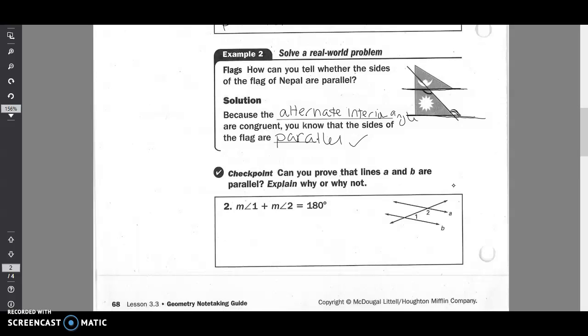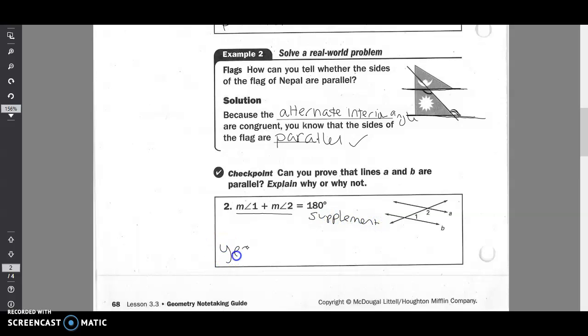Can you prove that lines A and B are parallel given the information the measure of angle 1 plus the measure of angle 2 equals 180 degrees? What is the relationship between angle 1 and angle 2 in the figure? They are consecutive interior angles, and you were told that they are adding to 180, which is supplementary.